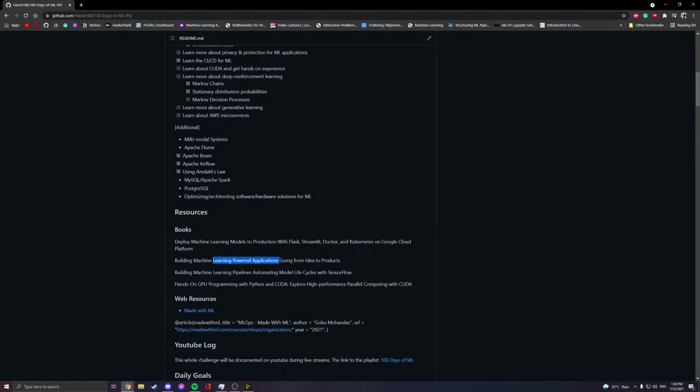And the other book, which was deploying machine learning models to production with Flask, Streamlit, Docker, and Kubernetes. All right, it wasn't Kubernetes that was talked about in this pipelines book, it's Kubeflow. I'm not sure if I said that already, but yeah, and the other orchestration tools.